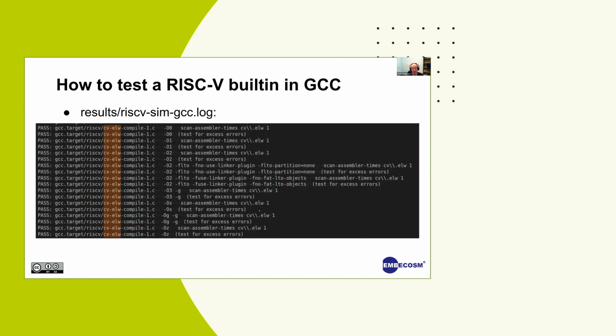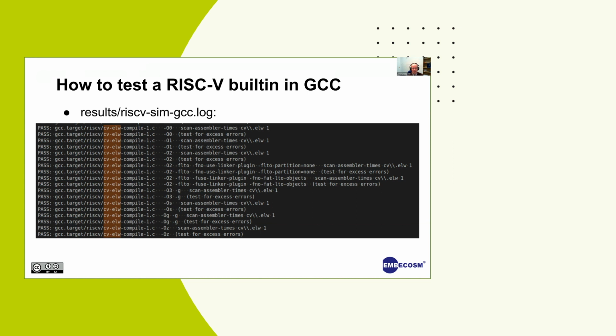Then we can run the test, and this is the log from here. What you see with GCC, when you specify a test, is it runs it with all sorts of different levels of optimization. It tries using the LTO plugins and so forth, and fat LTO and so forth. It tries it with and without debug and so forth, and with compressed code. For each of those, there's two passes.